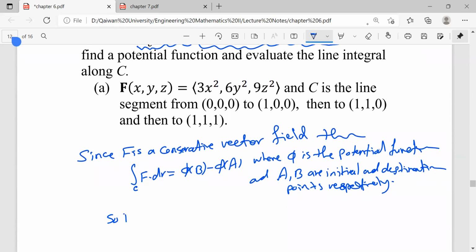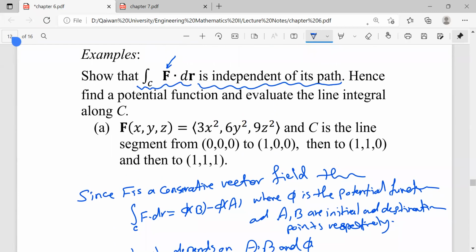So it only depends on A, B, and phi. It does not depend on anything else. It depends on only A, B, and phi. So that's why we say it does not depend on the path.